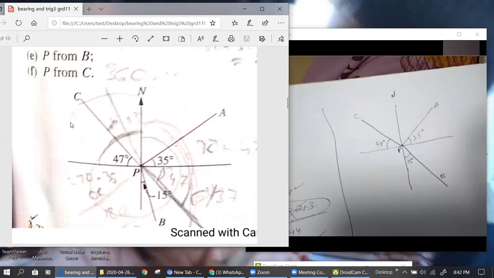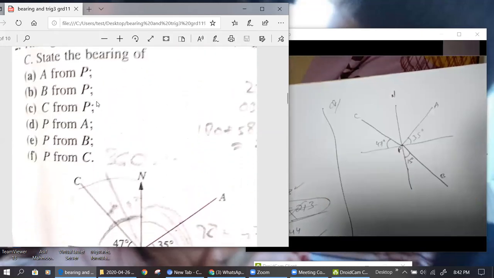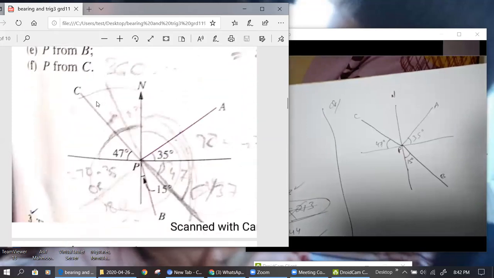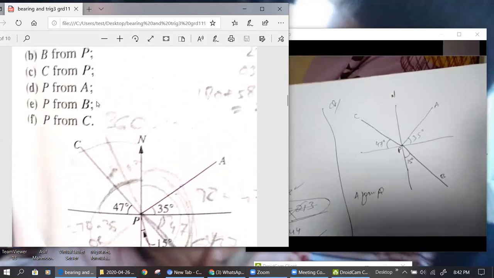Now we will calculate all these things which are given in the question. This is the best exercise, and if you do this, the bearing will be clear. So now see, bearing of A from P. Now tell me, P to A. A from P. So wait, which line is P?